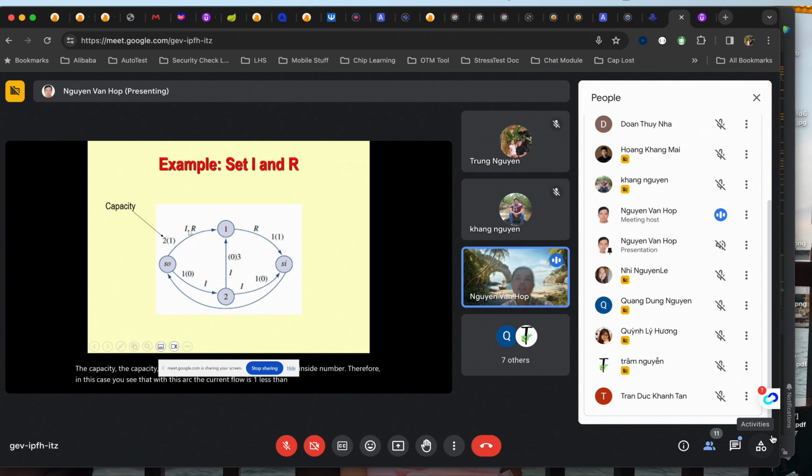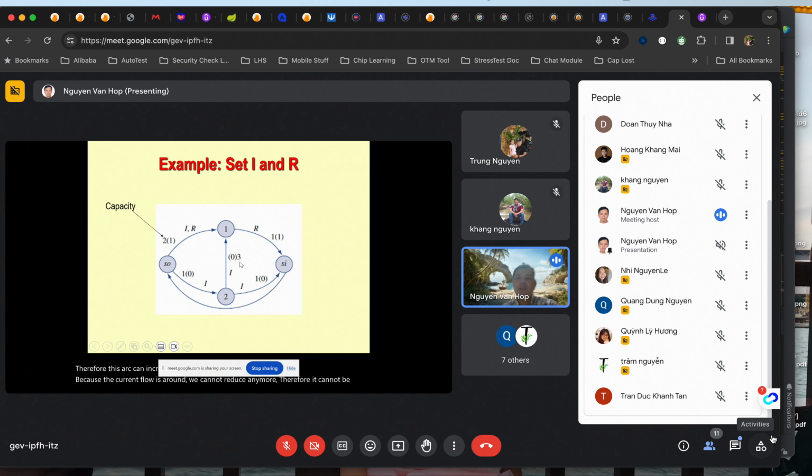Therefore, this arc is an increase arc. Besides that, the flow here is positive, so it can be reduced. Therefore, it is also a reduce arc. For this arc, the capacity is 1 and the current flow is 0. Therefore, this arc can only be increased. Because the current flow is 0, we cannot reduce anymore. Therefore, it cannot be a reduce arc.